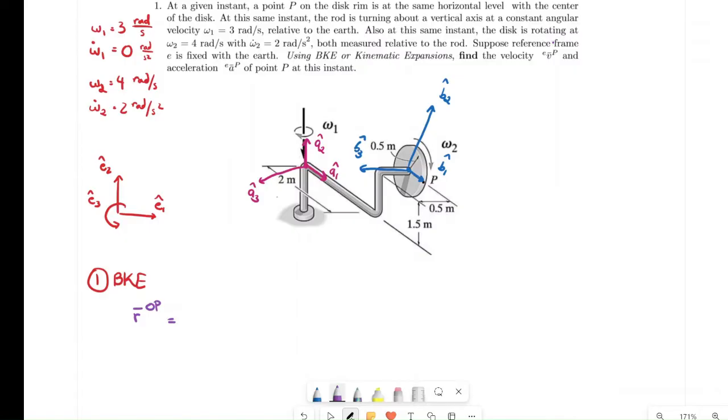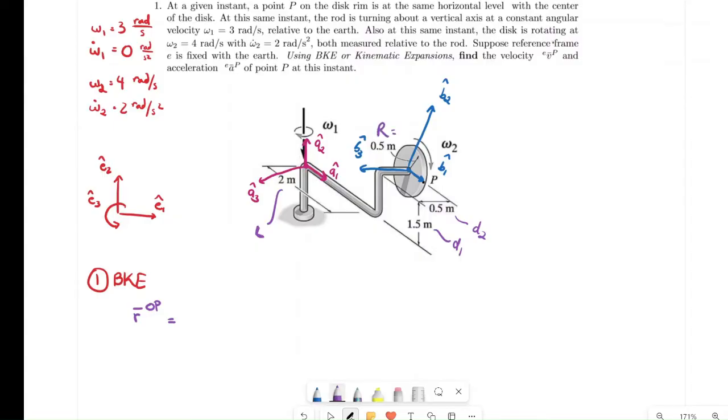So what I'm going to do is refer to this as L, say, and then I'll refer to this as D1, and this one is D2, and then refer to the radius of the disk as R.